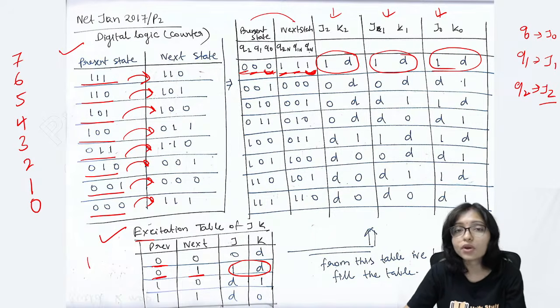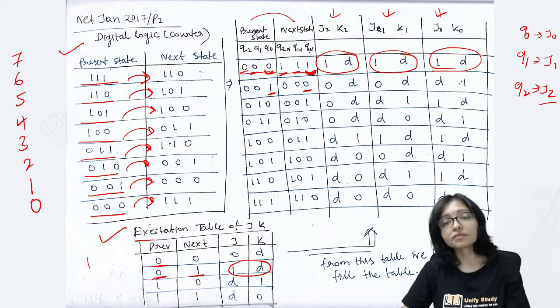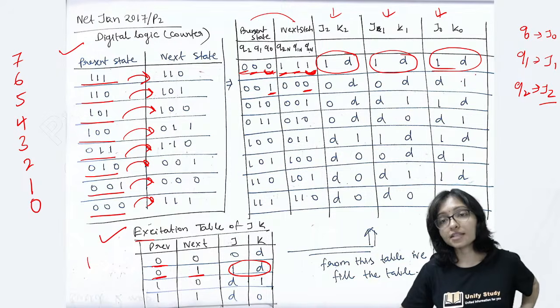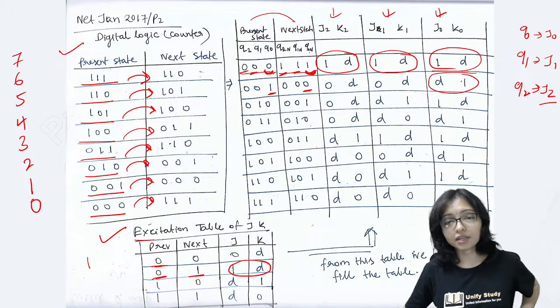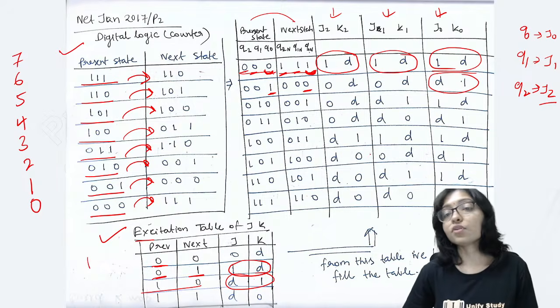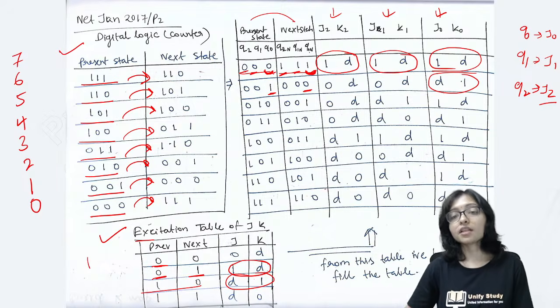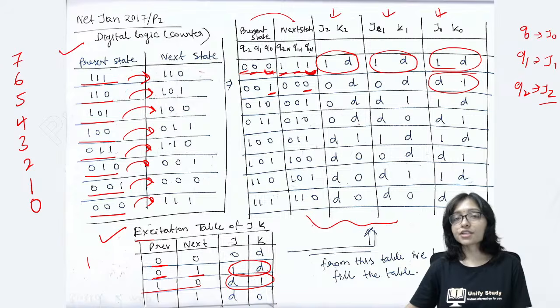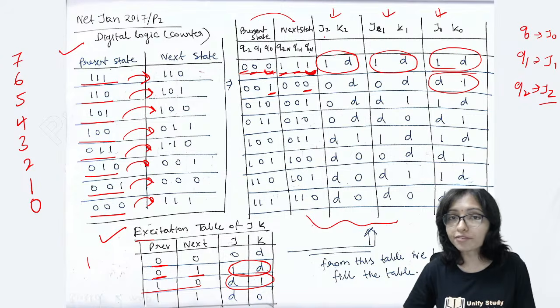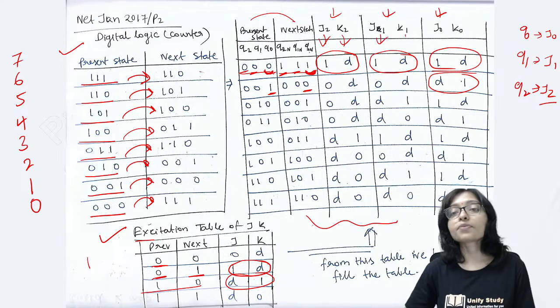Same way you can fill this one also, 0, 1. Whenever 0, 1 then it is D1. Okay. 1, 0 means it will be D1. Like this way you will fill the excitation table, and after filling the excitation table, now you have to get the equation. How to get the equation?